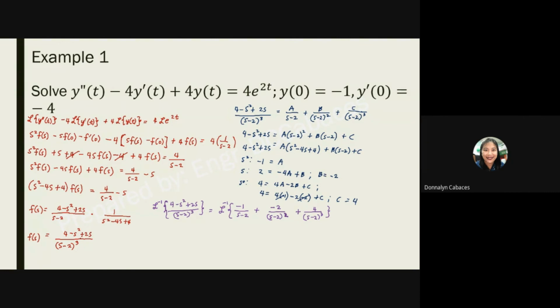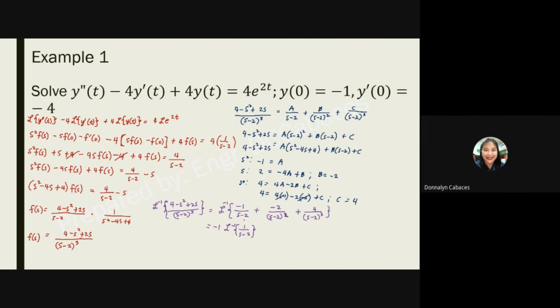Okay. So what is the inverse Laplace of negative 1 over s minus 2? What we have is 1 over s minus a. So we can factor out here negative 1. Okay, so this is equal to negative 1 times the inverse Laplace of 1 over s minus 2. And then what about the next term?